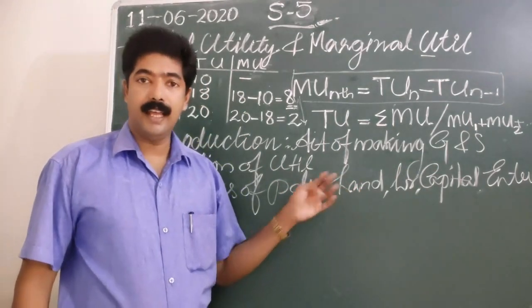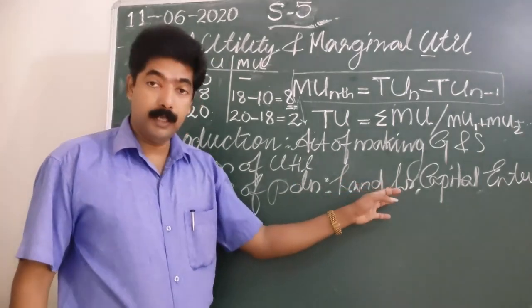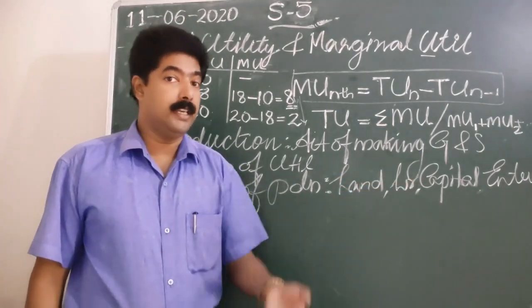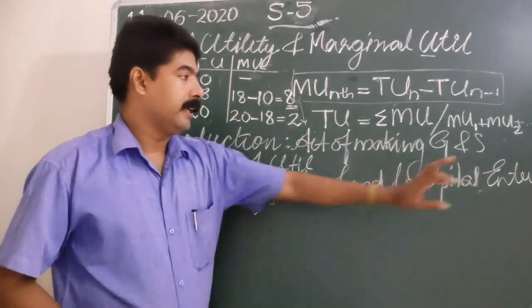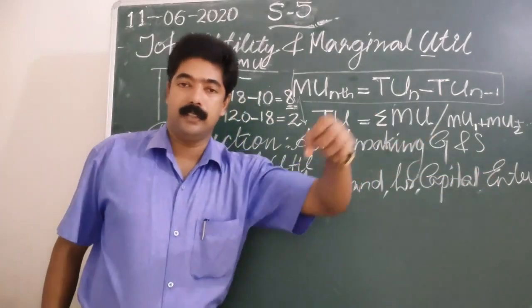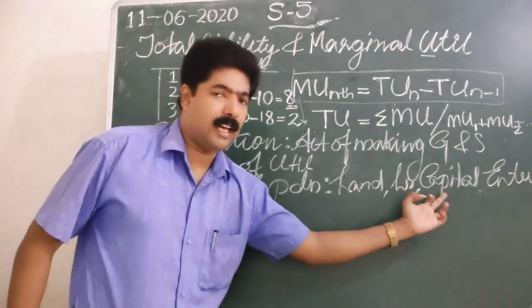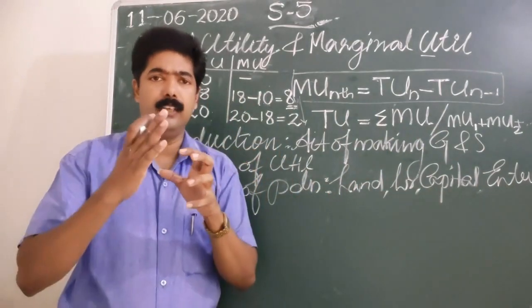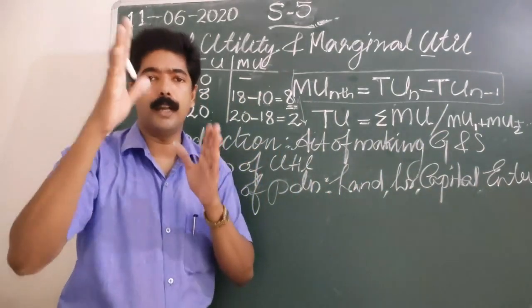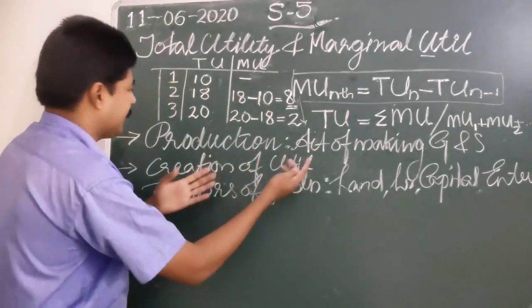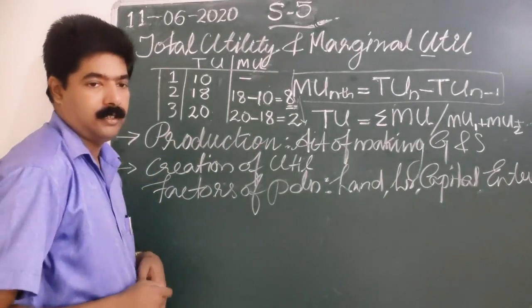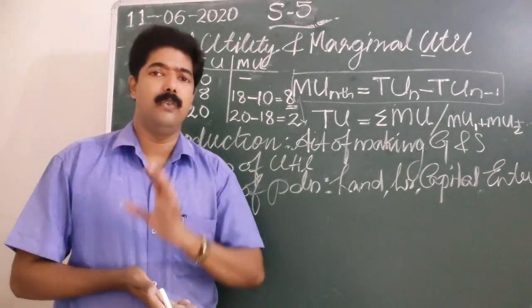I need land, I need laborers, I need capital in terms of money as well as tools. I need an entrepreneur who looks after the time. All these variables are used together, then we are able to produce any quantity of a commodity. So factors of production are very important.